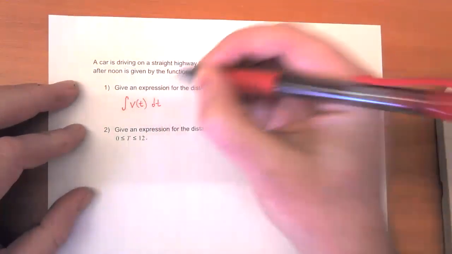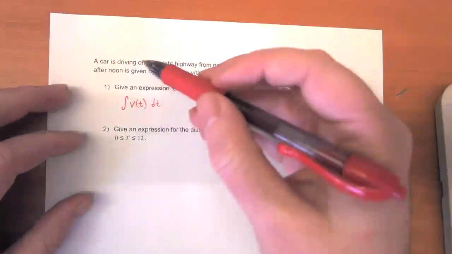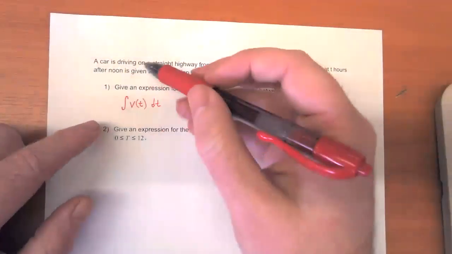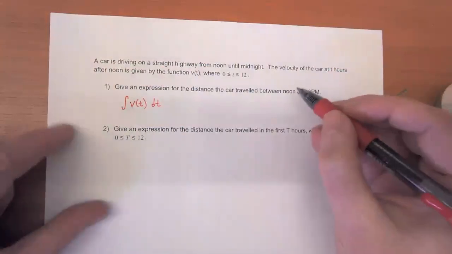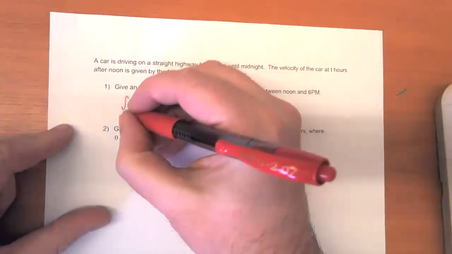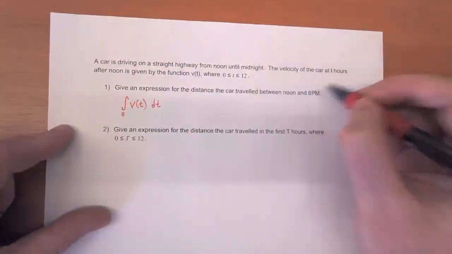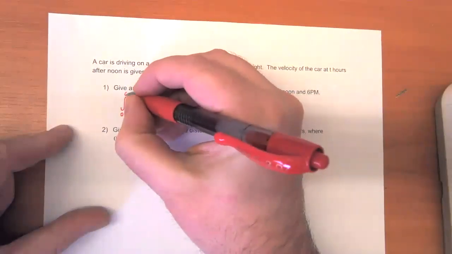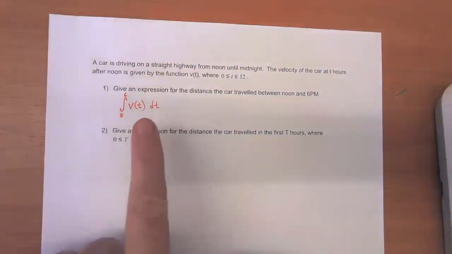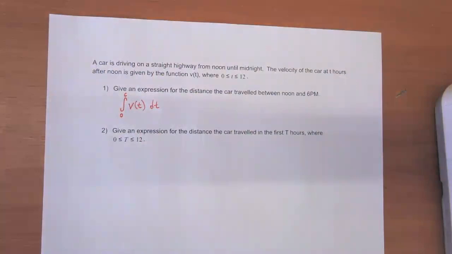All right, so this is the definite integral of v of t dt. So what are the bounds of this integration? We're starting at noon, which is 0 hours after noon, and we're ending at 6 p.m., which is 6 hours after noon. Okay, so it's like that, and that's all we're doing.